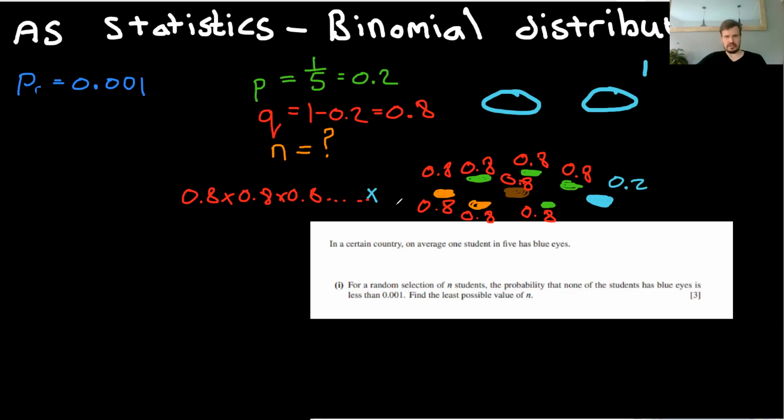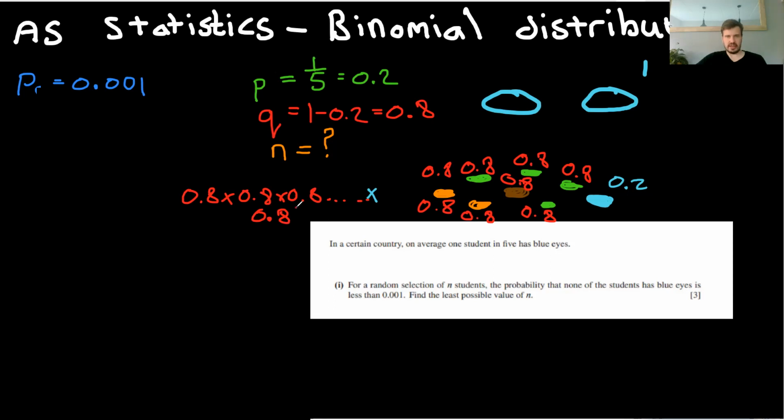Actually, let me do that in the next line. We don't have the blue eyes in here, so there's no 0.2. Now if we imagine that we don't know how many there are, this would just be 0.8 until we get to a blue.